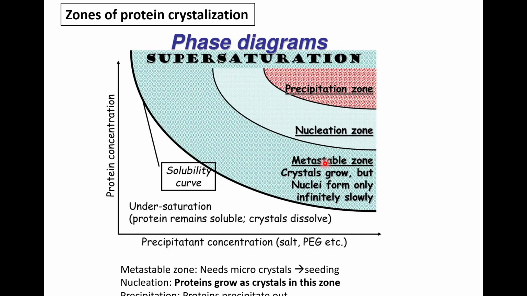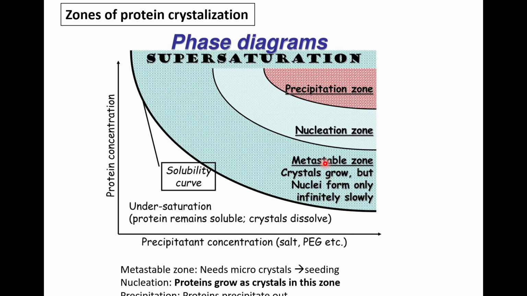The metastable zone is the zone where crystals will grow, but the size of the crystals will not be that much larger. Okay, so this is the metastable zone. In the metastable zone, there are two things.